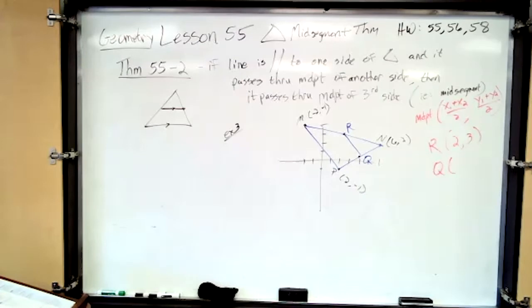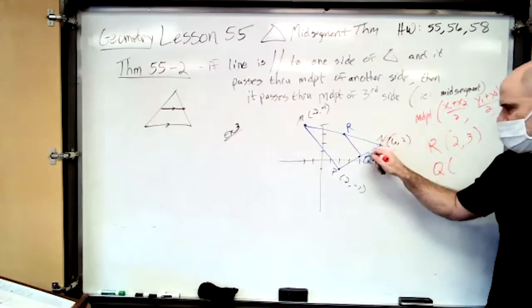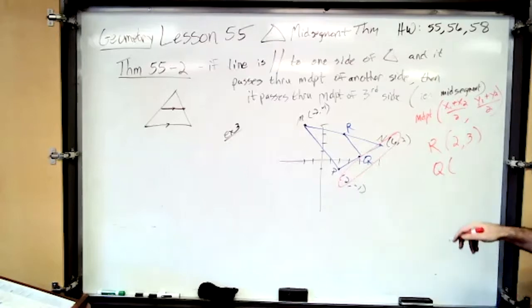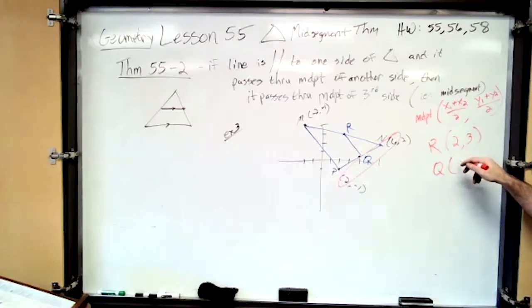I think we were pretty spot on when we guessed. What'd you get for Q? You guys know how to do that? So what's halfway between 6 and 2? 4.